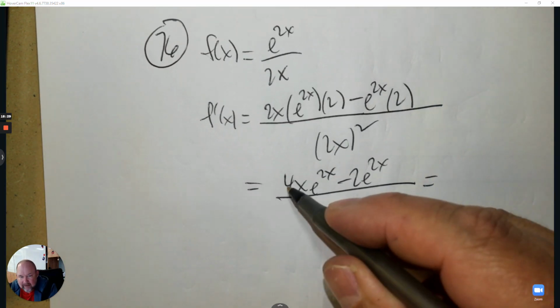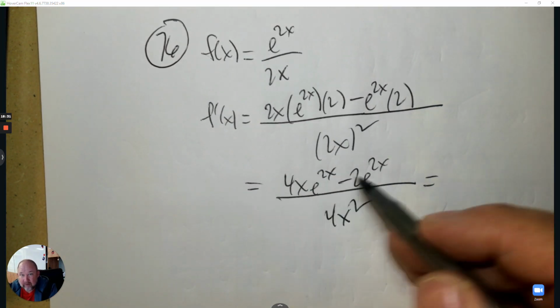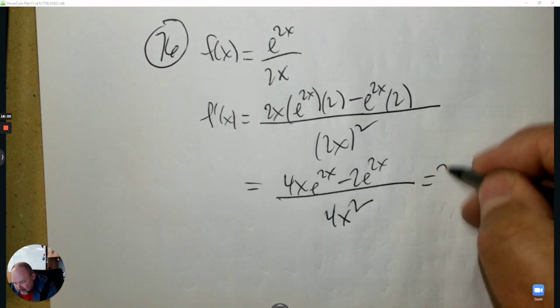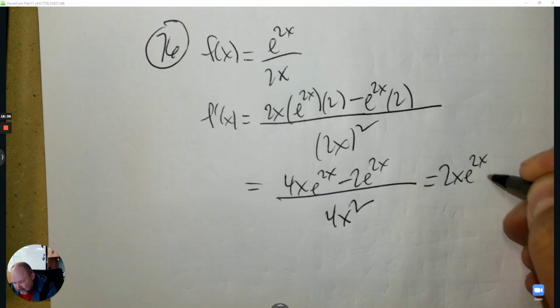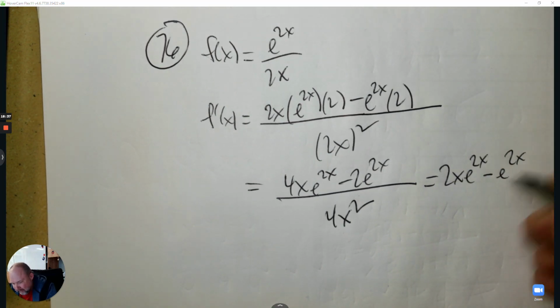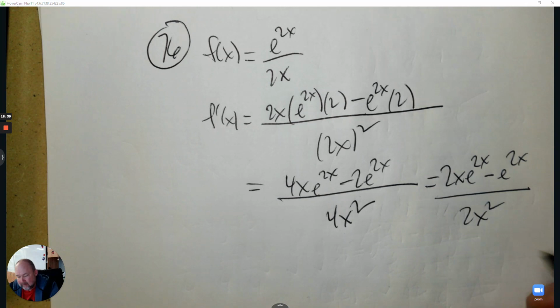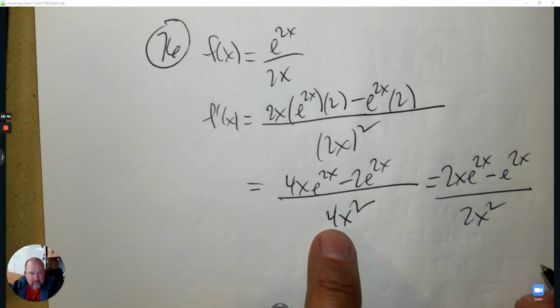Notice I can divide a 2 out of each one. So every term you can divide by 2. That's 2x e^(2x) minus 1e^(2x) over 2x squared. So I just divided every number by 2.